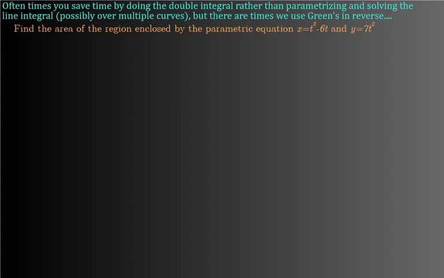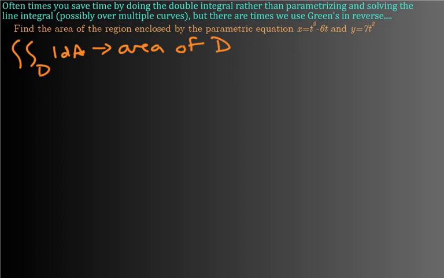So we know that the double integral over some region of 1 dA is literally the area of D, right? We've seen that before in chapter like 15.